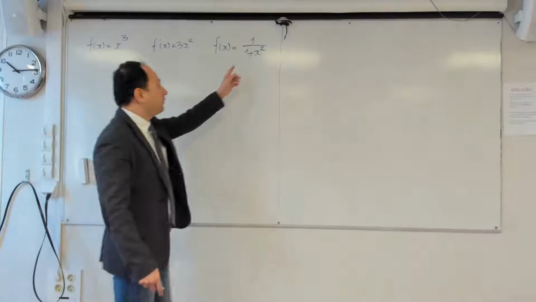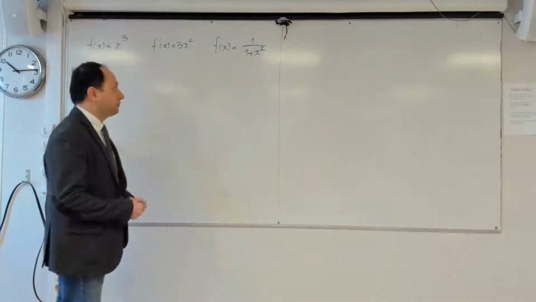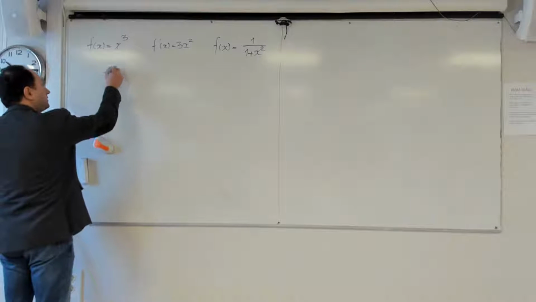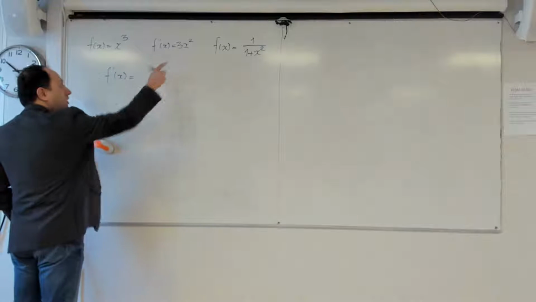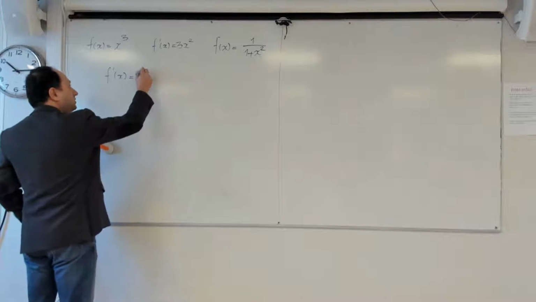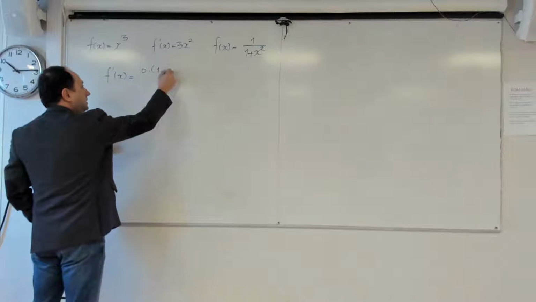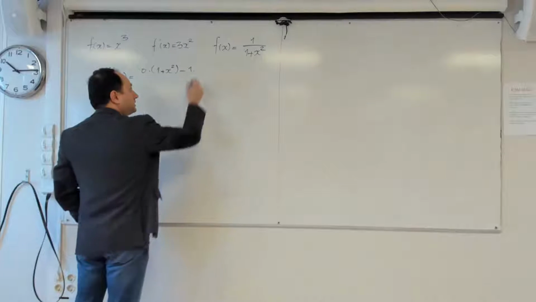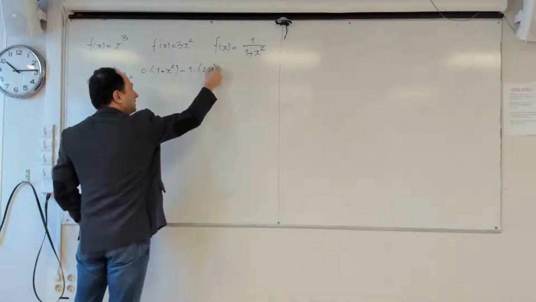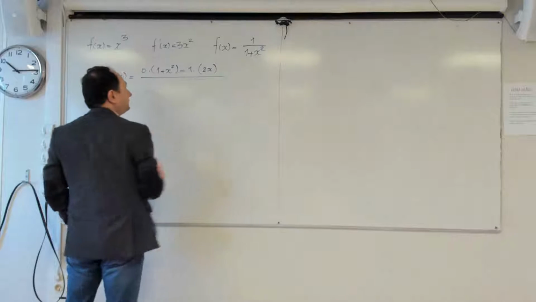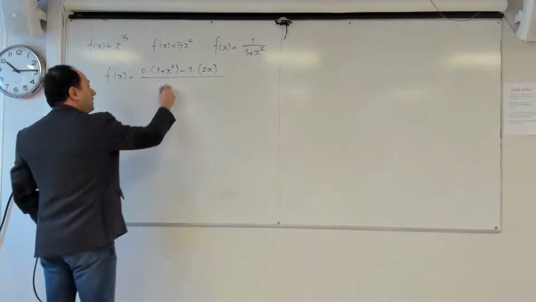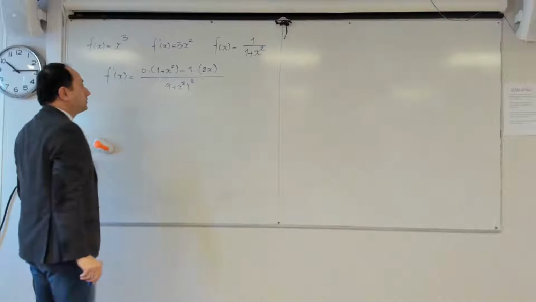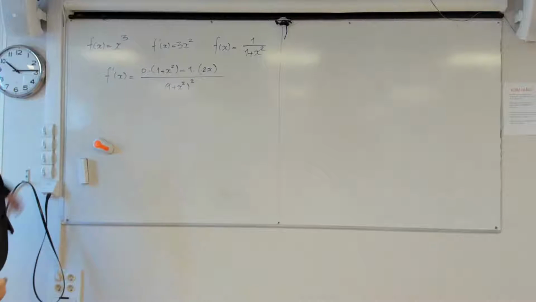But if you want to confirm that, let us use the quotient rule. Yes, if I take the derivative, what happens? It becomes the derivative of the numerator, 0, times the denominator, minus the numerator multiplied by the derivative of the denominator. Yes, and then divided by 1 plus x squared. Okay, am I doing it right?